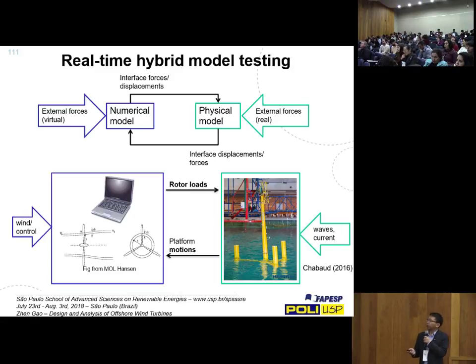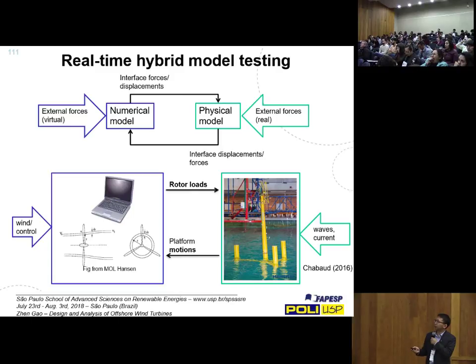So here, what we do is use a physical scaled model for the floater, and then we generate the waves in the ocean basin. The wave loads are physically applied on the floater. And for the wind loads, we use a numerical model, together with wind field generation. So you generate the wind loads using a numerical model. Then you have to use an actuator to apply them on the structure.